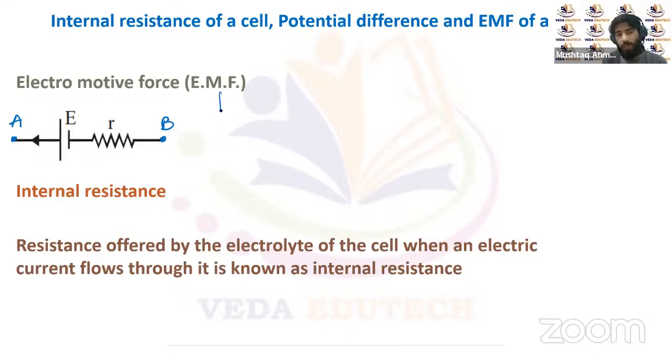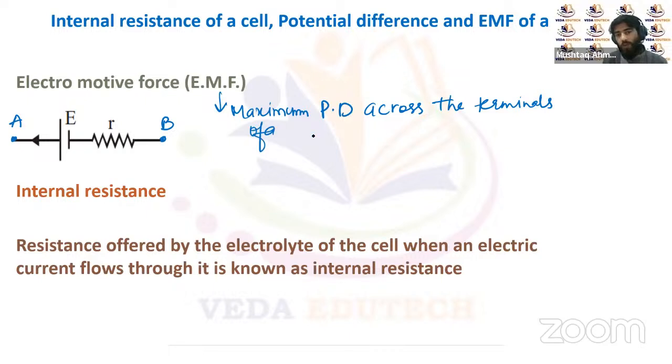EMF is the maximum potential drop across the terminals of a battery when no current is drawn.